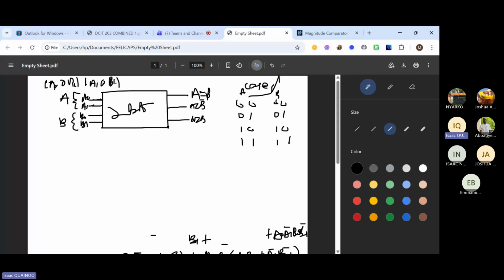So first with greater than, what are all the cases where A will be greater than B? Can someone help point out some of the cases? When A is 1 and 0. Yes, 1 and 0. All right, so someone is saying that case 1, when A is 1 and 0 and B is what?